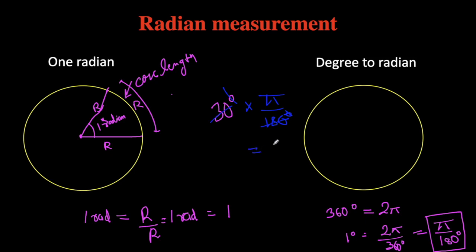So the answer is pi over 6. This is a number because pi has the value 3.14. So we multiply by our conversion factor, pi over 180, to convert from degrees to radians.